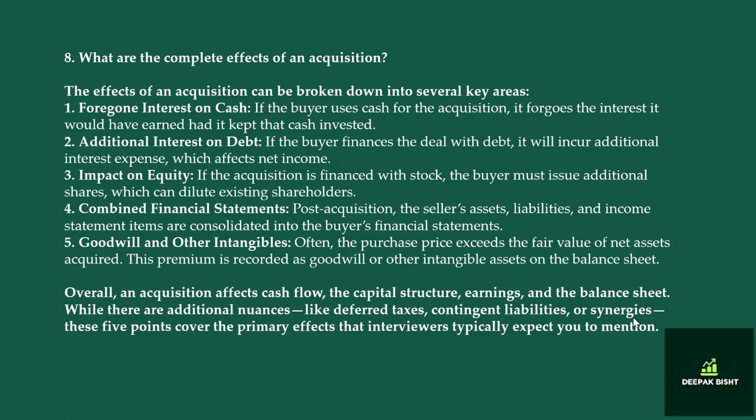If two companies are combining and there is a cost saving or revenue growth, that's called synergies. There is a contingent liability, where any pending lawsuit or obligation of the target might become the buyer's responsibility. So if some target company was in legal trouble, now it's the buyer's headache. So that's pretty much it.